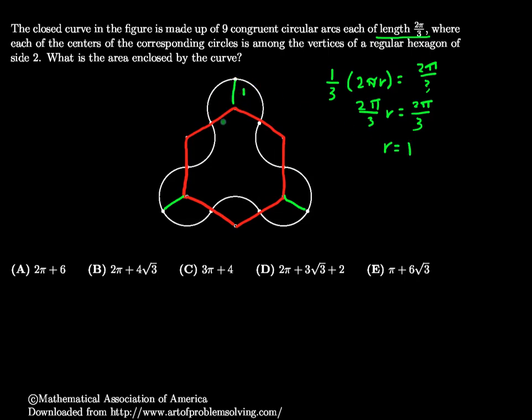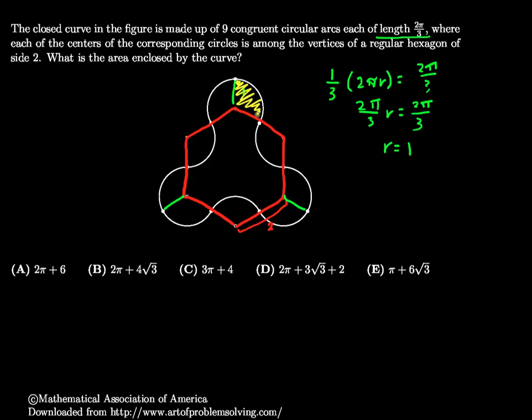Okay, so what we have now is this. We have all of these arcs of radius 1. We also have this hexagon, and I know that this measure here is 2. In addition, what I'm going to do is this, okay?